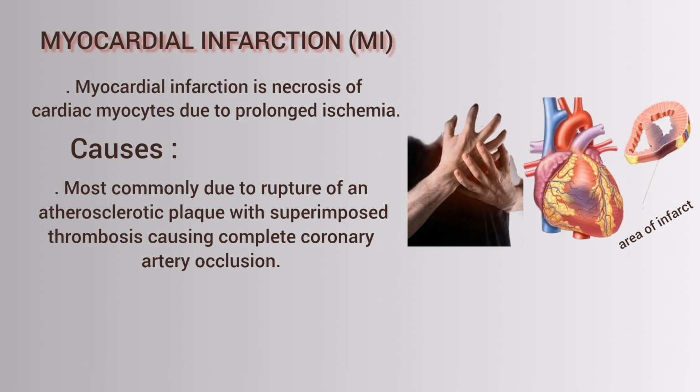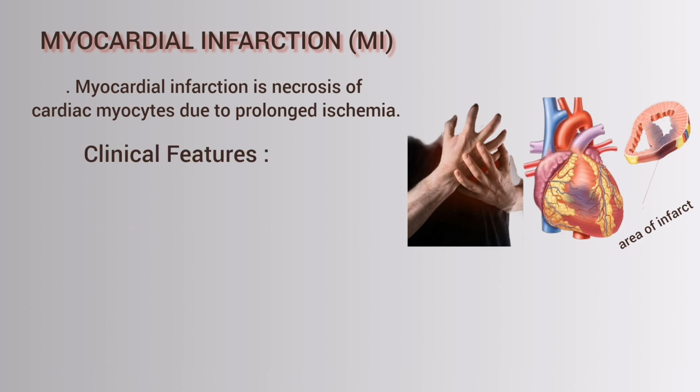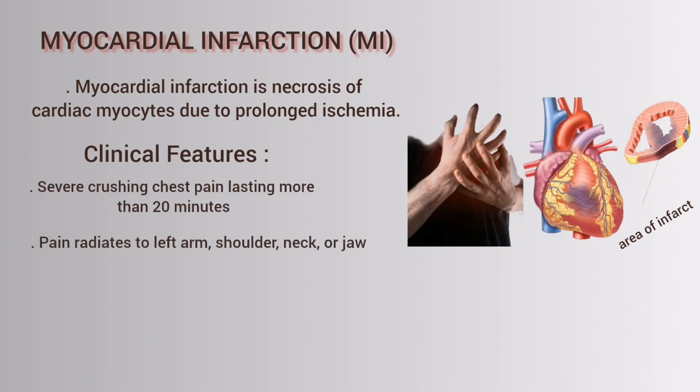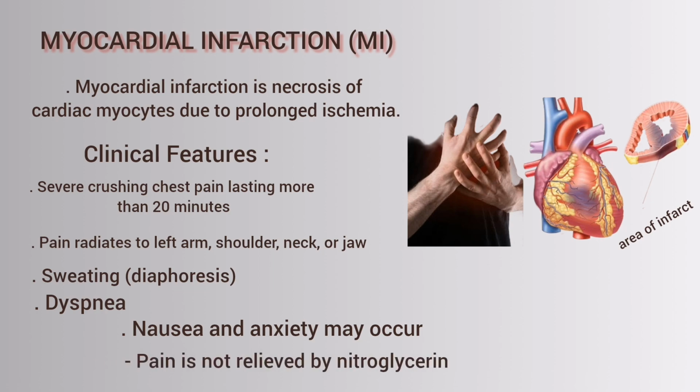Other important causes include coronary artery vasospasm, embolism, vasculitis, and cocaine use. The clinical feature in this case is severe crushing chest pain lasting more than 20 minutes. Pain radiates to the left arm, shoulder, neck, or the jaw. And the patient may present with sweating, dyspnea, nausea, and anxiety, and the pain is not relieved by nitroglycerin.